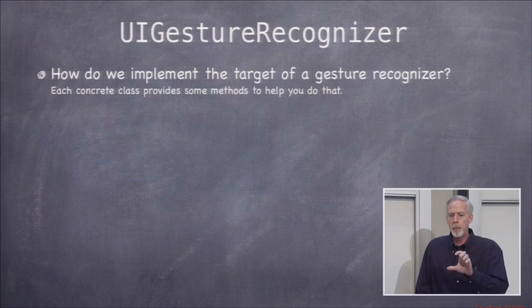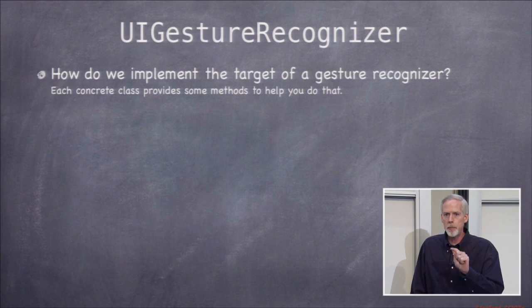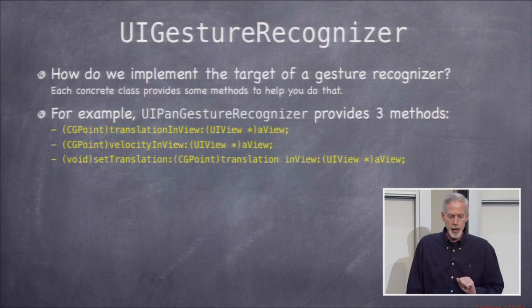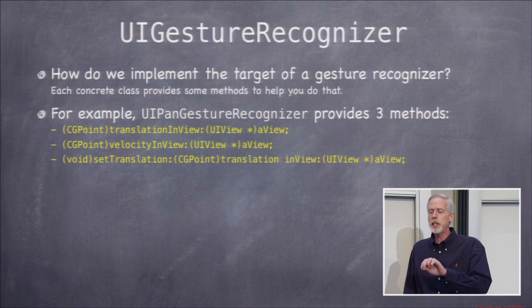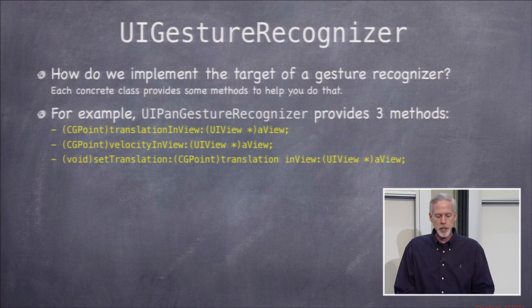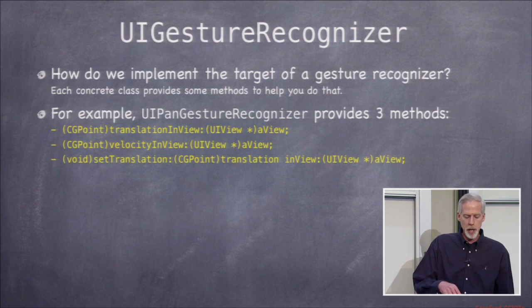So how do we implement that target, that pan colon, right? So I'm panning or I'm pinching and I'm getting sent pan colon when I'm panning. What do I do inside that method? And the answer is that each concrete subclass of UI gesture recognizer will provide some methods to help you. Okay? So for example, the pan gesture recognizer provides these three methods.